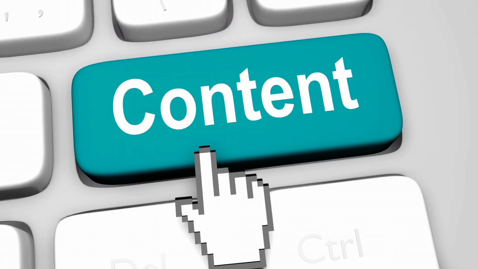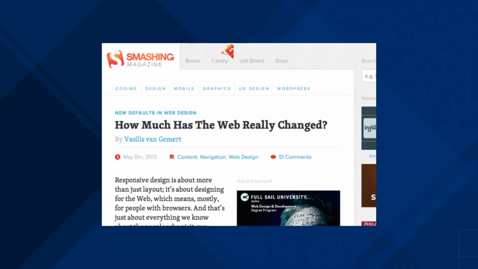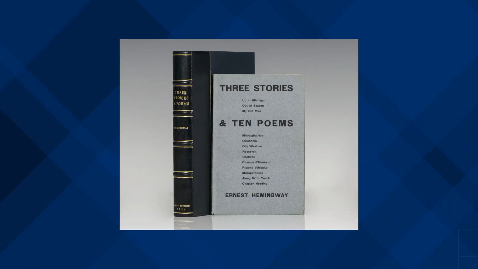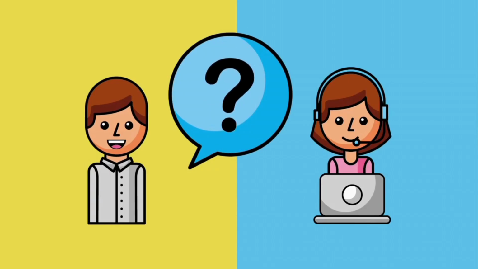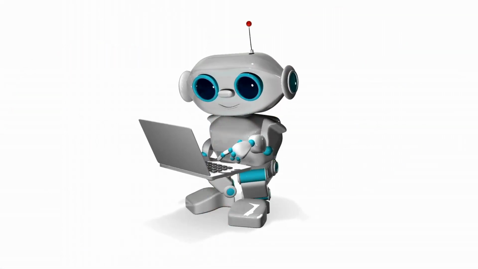Content generation. Google Bard can generate human-like text, making it a valuable tool for content creators. It can assist in writing articles, product descriptions, and even creative pieces like poems and stories. Customer support. Google Bard can be used to automate customer support processes.